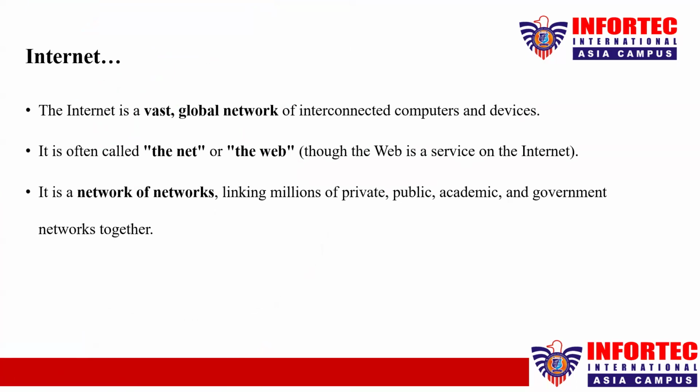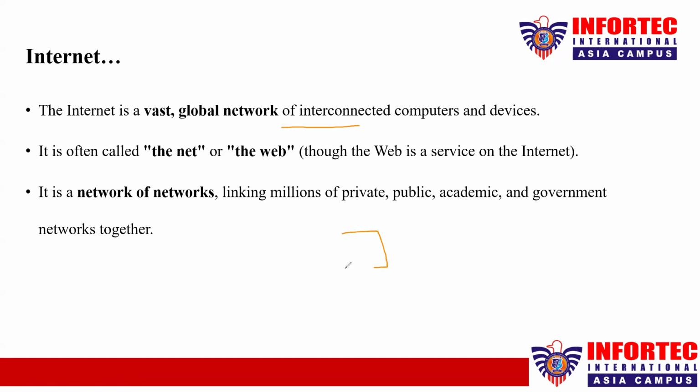So I have given you a few definitions for the internet. Let's take them one by one and discuss. The internet is a vast global network of interconnected computers and devices. Now, to have this internet, we need to develop a small network. So now you should understand what a network is.